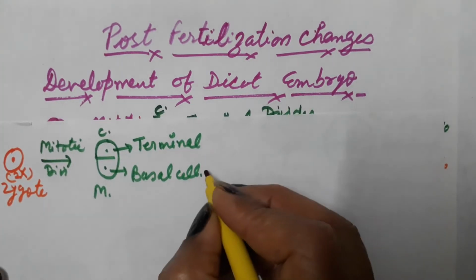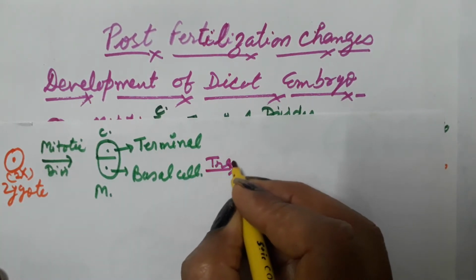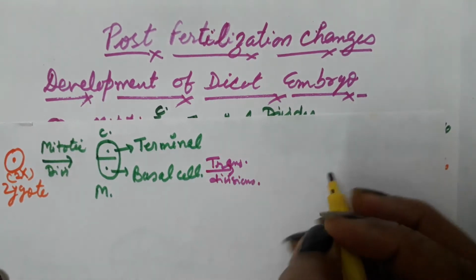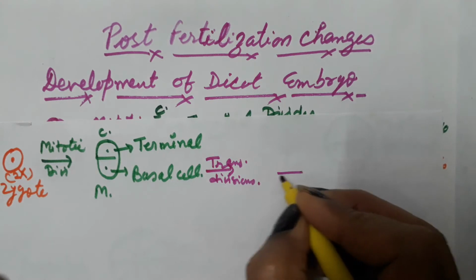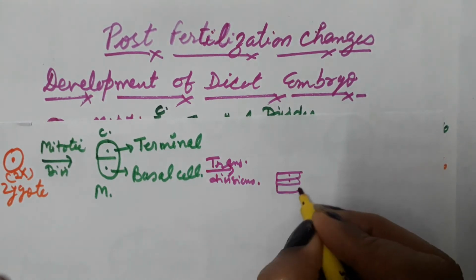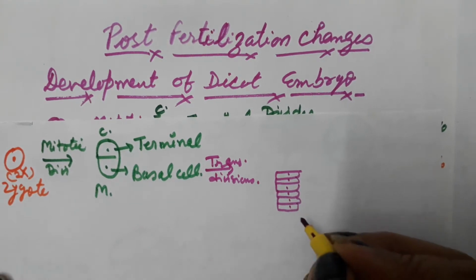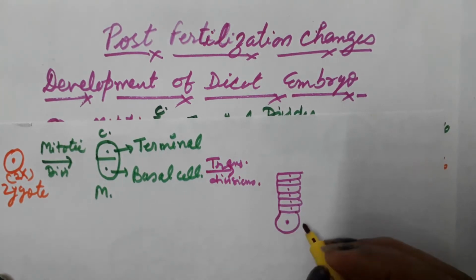Now the basal cell divides and redivides transversely. All the divisions are transverse. They give rise to a many-celled suspensor. The lowermost cell of the suspensor is somewhat bigger in size.